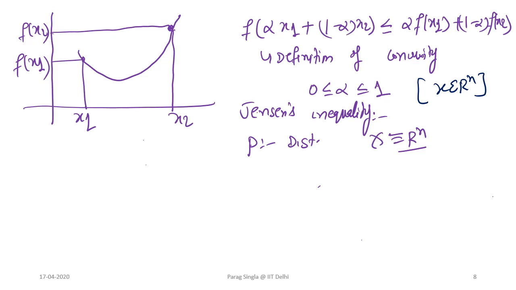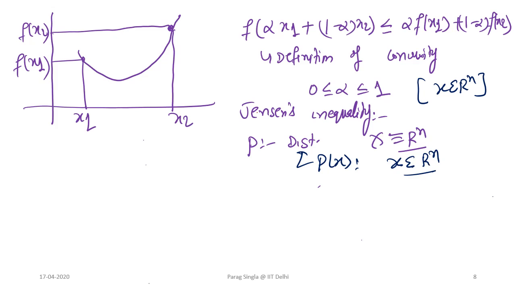So either it is the entire Euclidean space in n dimensions, or it could be a continuous bounded subset of it. Given this distribution, p of x is a probability distribution, where each x belongs to this curly X, or essentially in our case Rn.